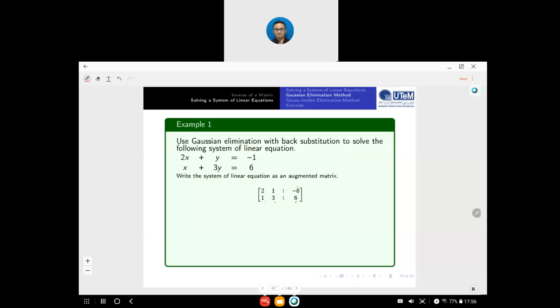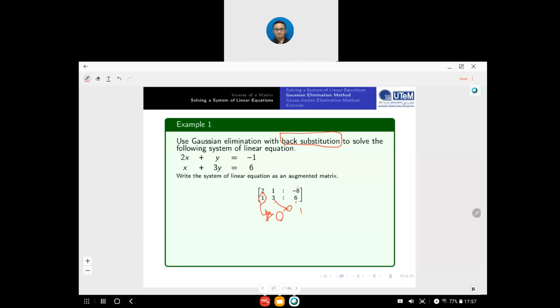Okay, if the question asks you to use back substitution, it means that you must change this value to 0. Okay, this one must be 0, and then 3 becomes 1. Only that part. Okay, so you can solve this equation.